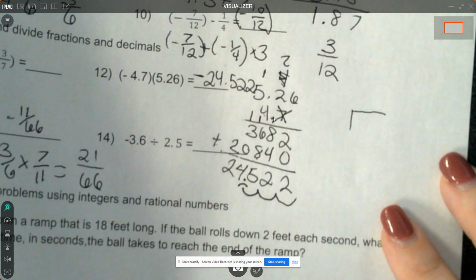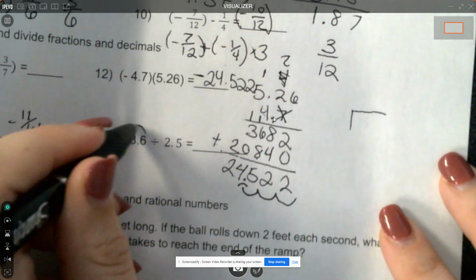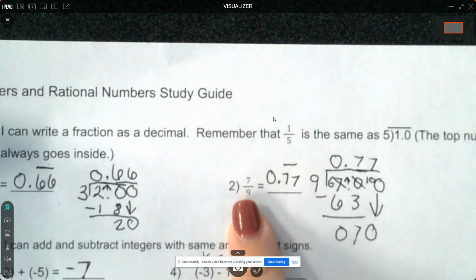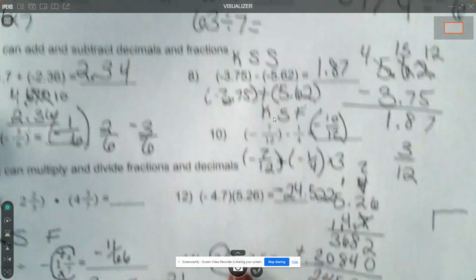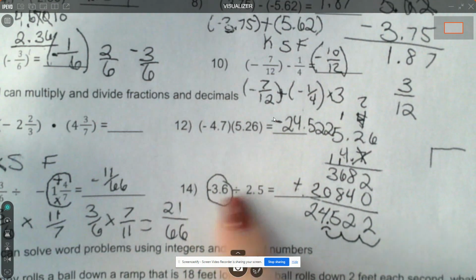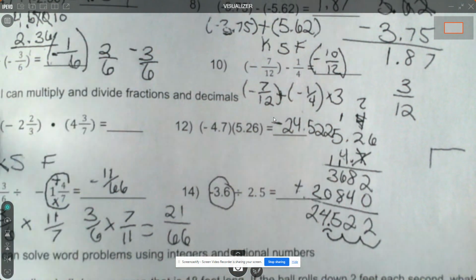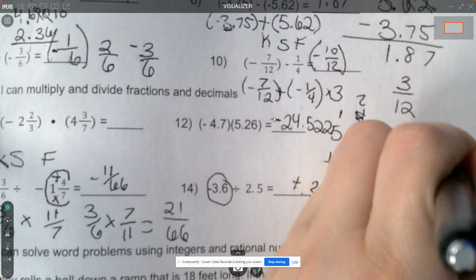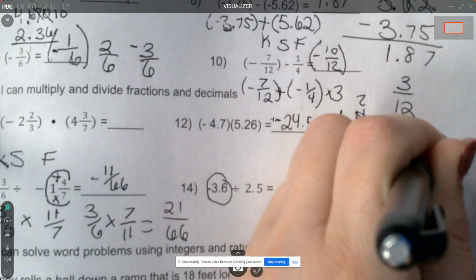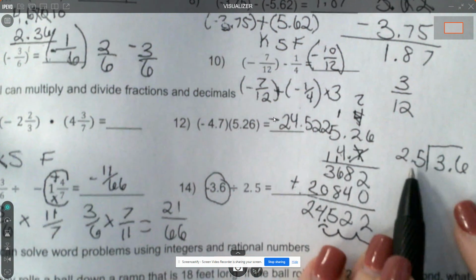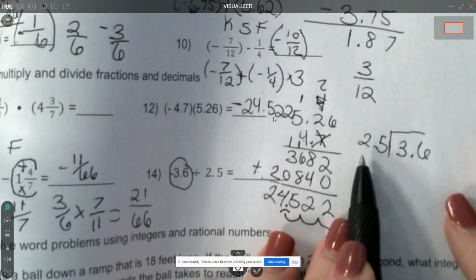Your first number. Just like on the top, your first number went inside. Same thing. Your first number is going to go on the inside. So 3.6 goes inside. 2.5 goes outside.